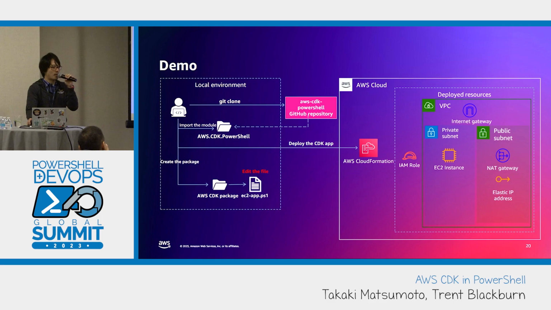Then I'm going to make some updates on the file. And once that's done, I'm going to call the AWS CDK CLI commands. And through that, you see on the right-hand side, that's basically what the CDK template deploys. There's a bunch of resources out there, basically the whole infrastructure for you.